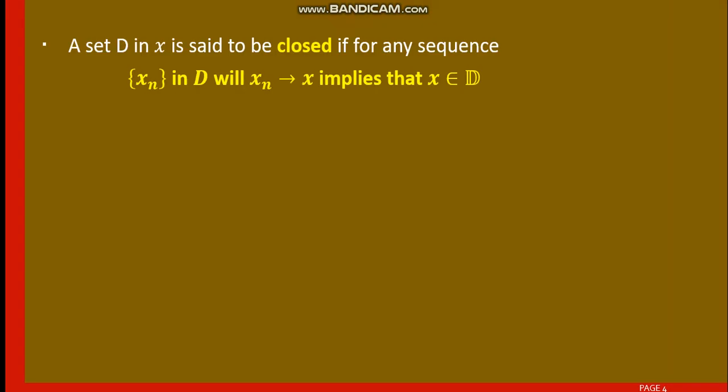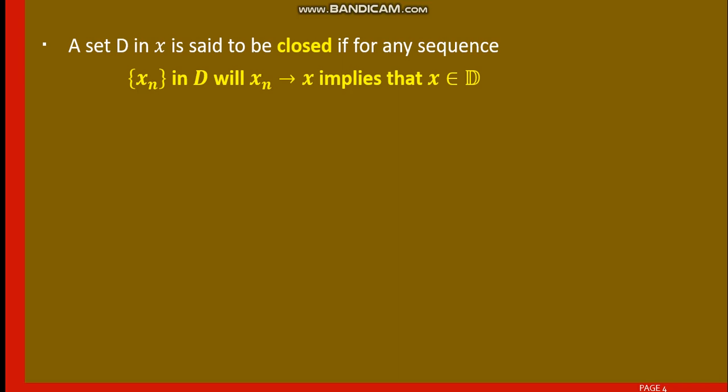And the next one is when you say that a set is closed: whenever x_n is a sequence in D and x_n converges to x, we have x belongs to D. Then that set D is said to be closed. That means, in another way, every limit point of that set belongs to that set.